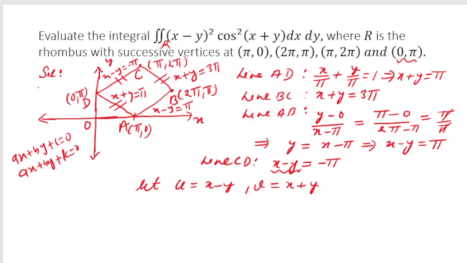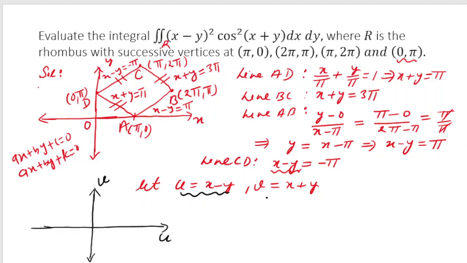But this is not needed in the problem; just for better understanding, I am going to do one more thing so that you understand it more clearly. I am going to draw another region, and I am going to call that the UV region, so you understand how the change of variable works. So suppose, let me call this the U axis, and let me call this axis the V axis, right?